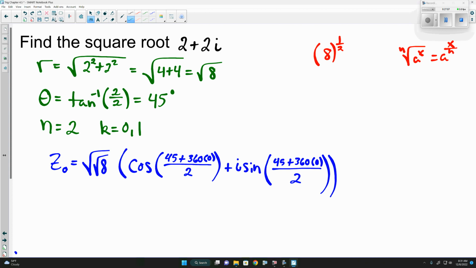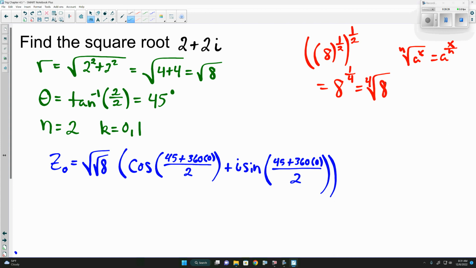Well, if we take the square root of that, it would also be to the 1/2. So the square root of the square root of 8 is really also saying we have 8 to the half to the half. So 1/2 times 1/2 is 1/4, so it's the same as saying the 4th root of 8.